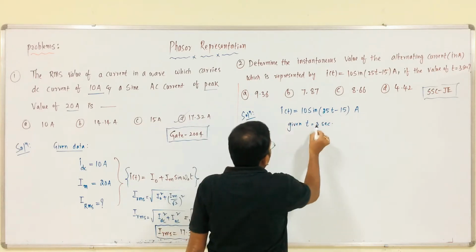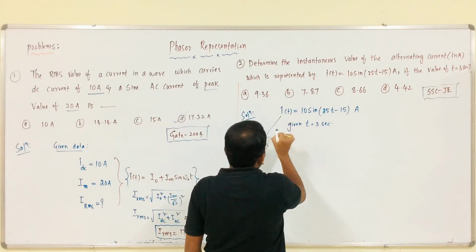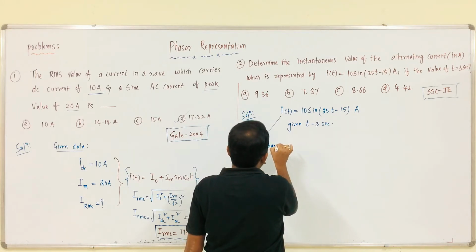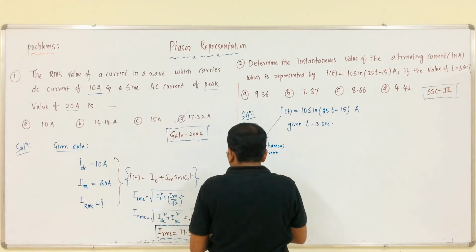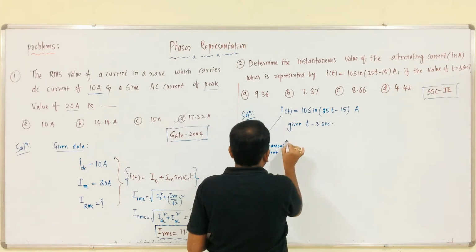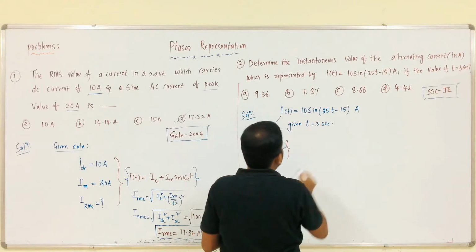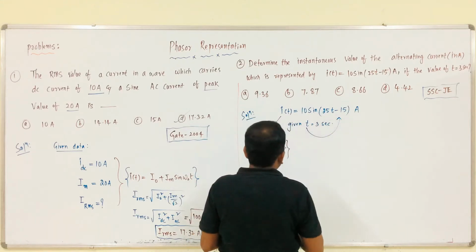This is the instantaneous current only. Simply we have to substitute this 3 into this equation.